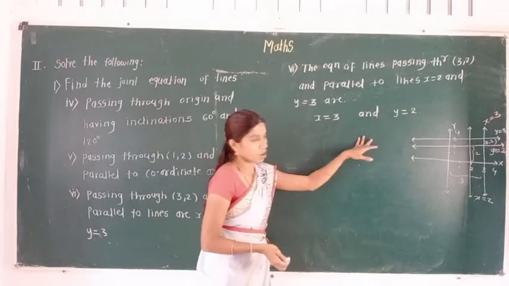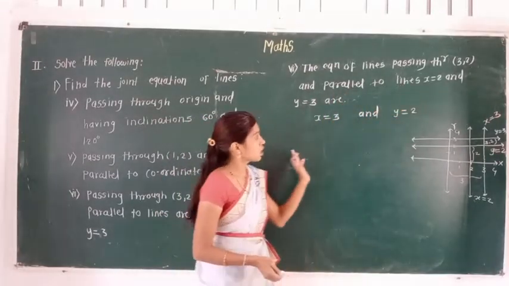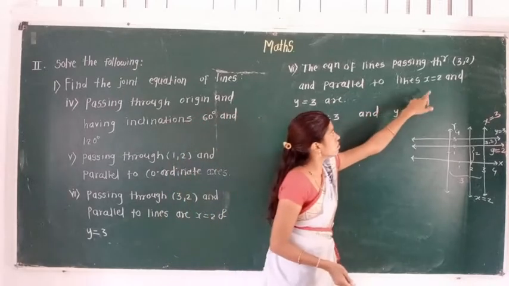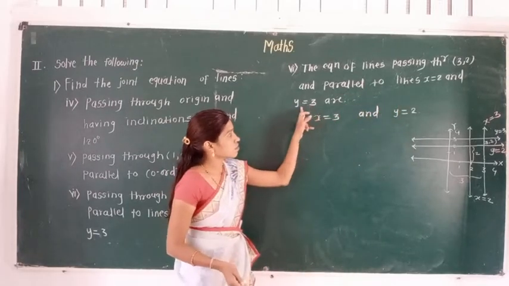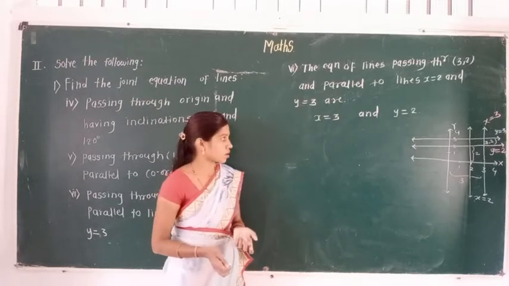These two lines are passing through the point (3, 2) and they are parallel to x is equal to 2 and y is equal to 3. It means that they are parallel to the coordinate axes.